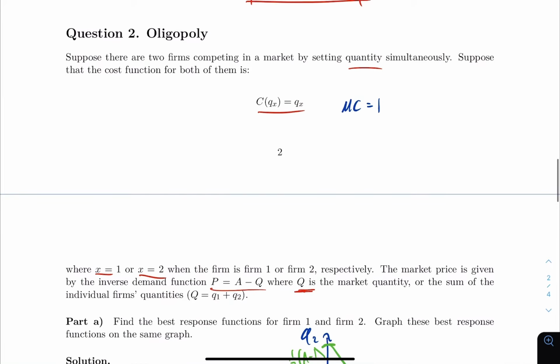So average cost is C over Q, which just comes out to be 1. So that's convenient. We know what our quantity is because we already defined it here. So all we have to do is plug in our numbers.